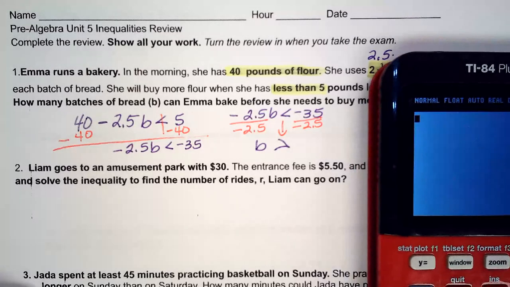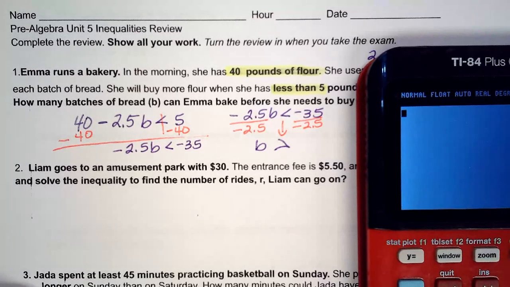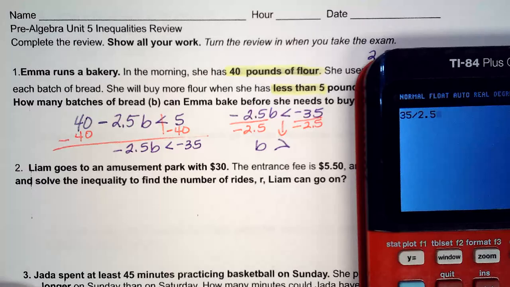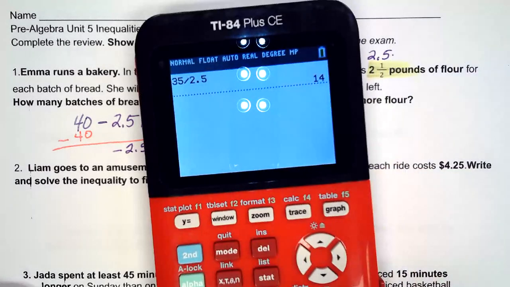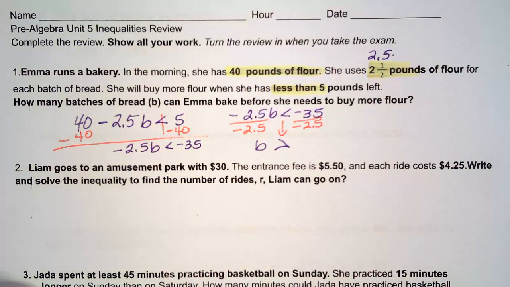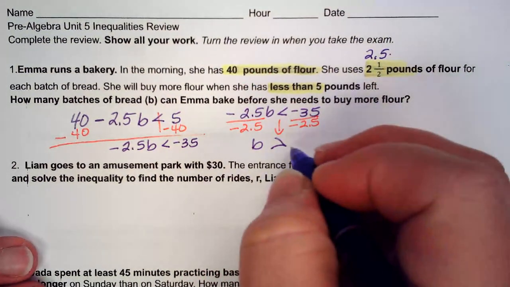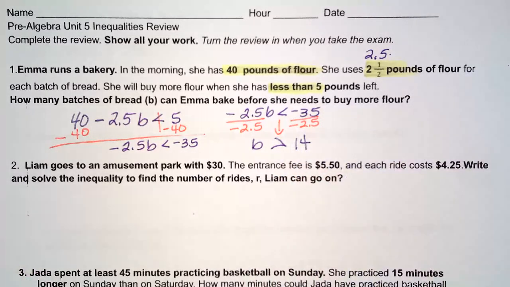Okay, there's calculators and I encourage you to use them. 35 divided by 2.5. Why didn't I put in the negative signs? Well, because I know that negative divided by a negative is a positive. So all I'm going to do is put in the numbers. And I get 14. So, what does that mean?